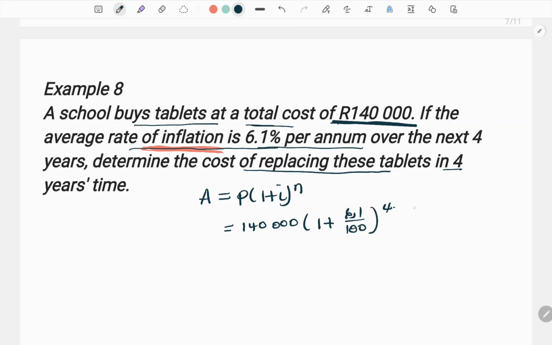You don't have to multiply anything there because it's only 1 times 1. Then you punch in your calculator, and you're going to get that these tablets will cost 177,414.69 after 4 years, or in 4 years' time.